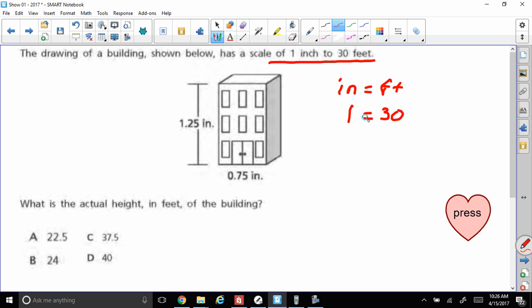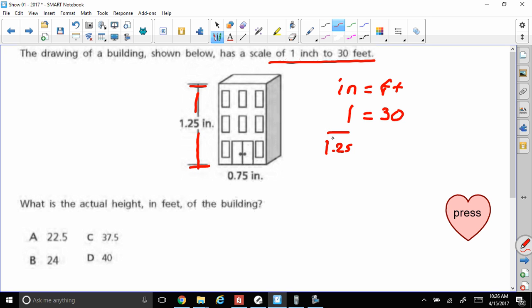So 1 inch is equal to 30 feet. So I'm looking for the height of this building in actual footage. So I see that the drawing is 1.25 inches high. There's a 0.75, which is the width. We don't need that. We're just interested in the height of the building.